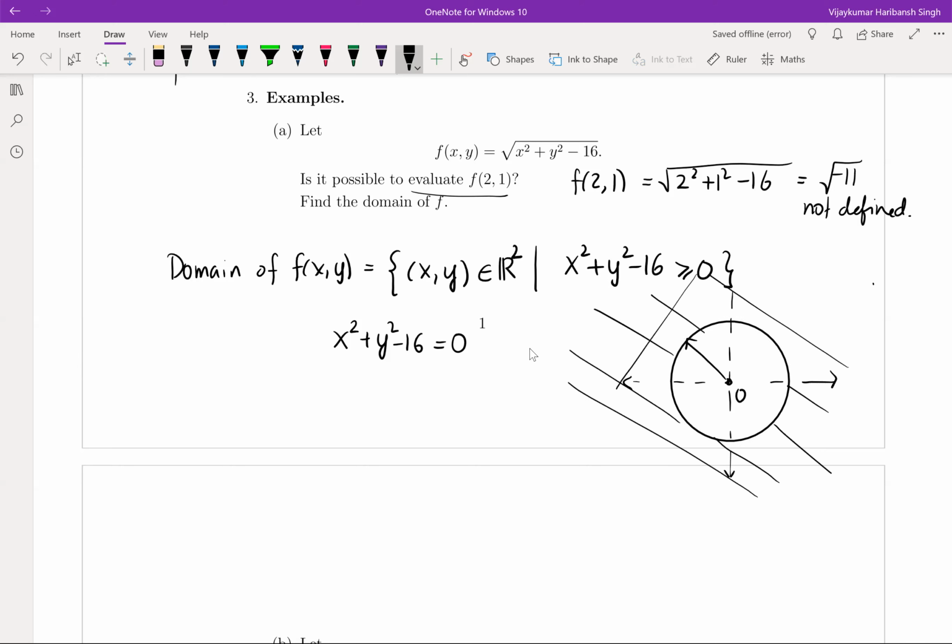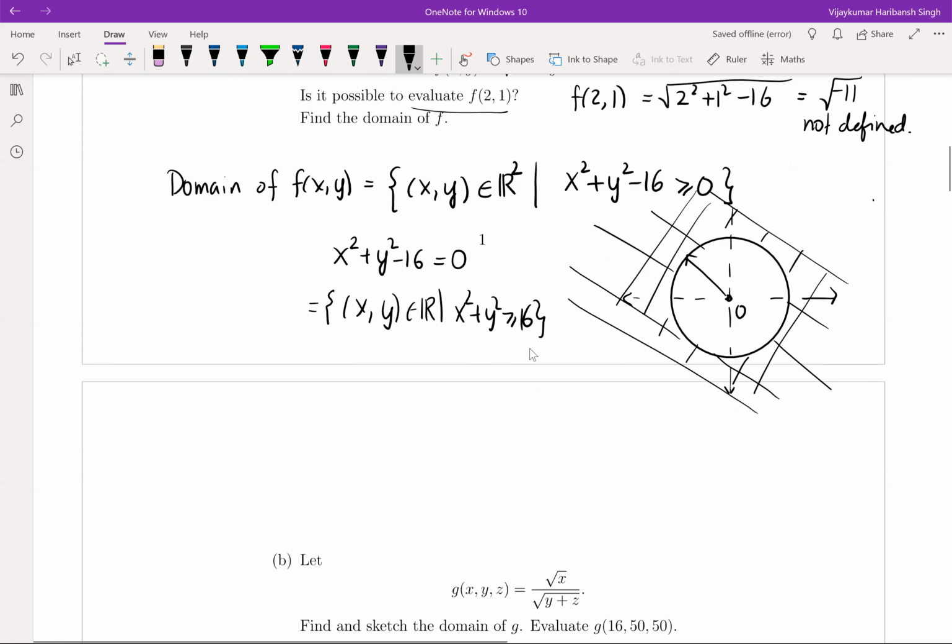So the domain is all x, y in R2 such that x squared plus y squared is greater than or equal to 16, and that is all the points outside the circle, and including the boundary. The boundary is also included because that's where x squared plus y squared becomes 16.